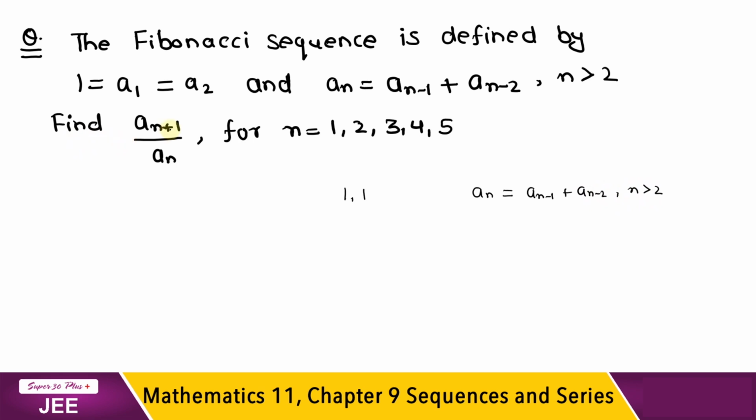So find an plus 1 over an for n equals 1, 2, 3, 4, 5. Since we have to find an plus 1 over an for n equals 1, 2, 3, 4, 5, if I put n equals 1 over here, we have to find a2 by a1, then a3 by a2, then a4 by a3, a5 by a4 and a6 by a5.